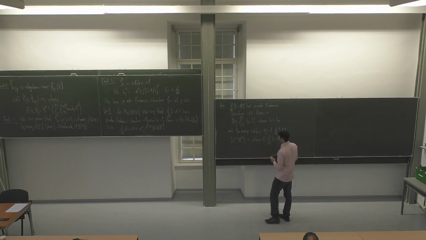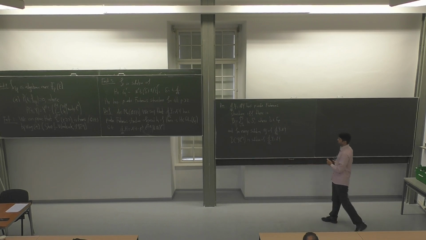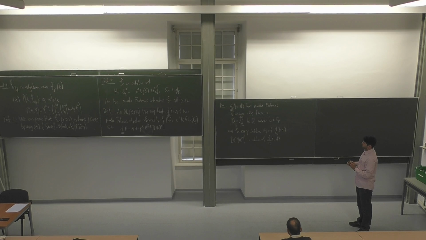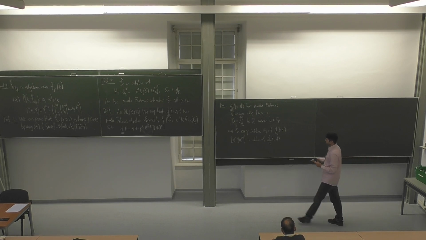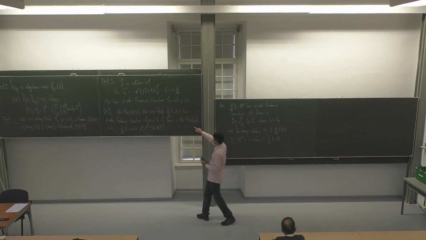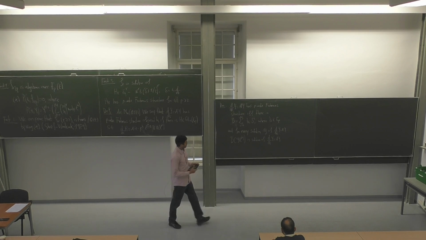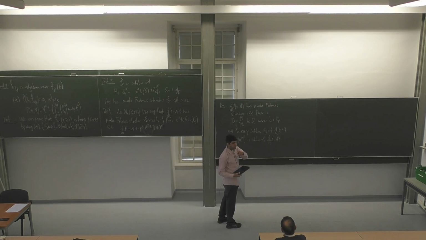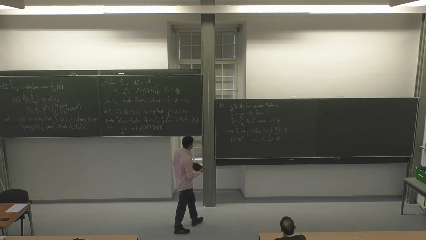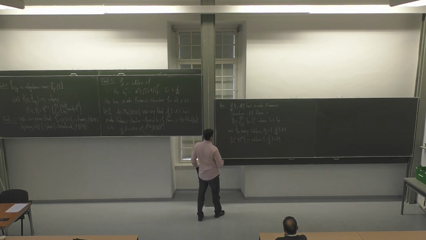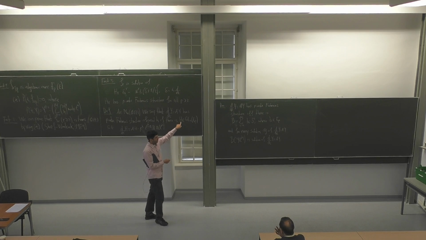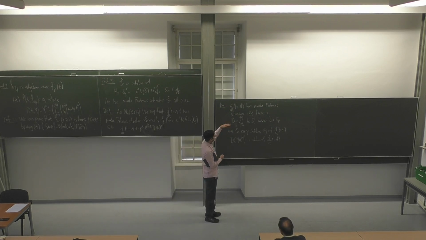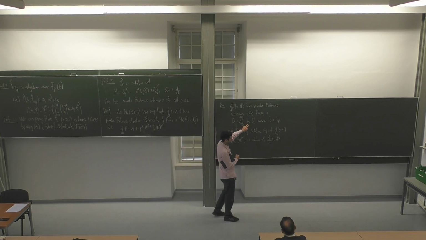To construct this B, it is the first row of H. And to get H, you take the B_i and you take the derivative.